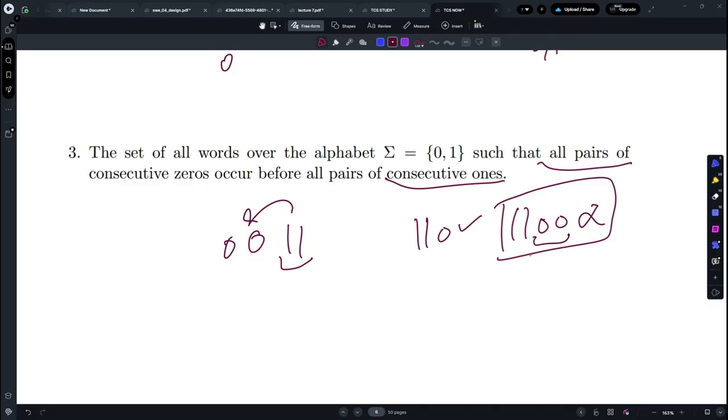This is a much clearer way to say it, that 1 1 0 0 is not allowed. Of course, because if 1 1 has occurred, the 0 0 is not allowed. So 0 0 will not occur after that. This is another way of writing the same question, but again it has the same meaning that we know.